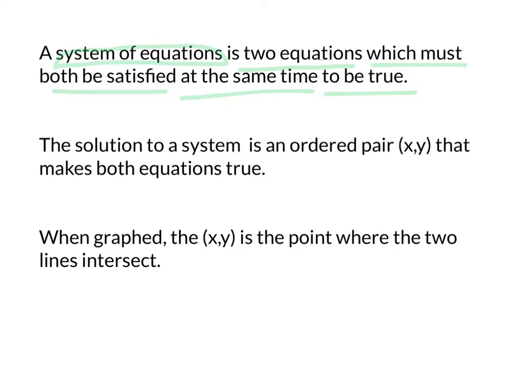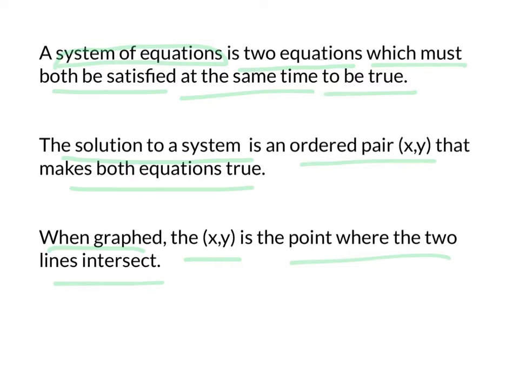When you talk about solving a system, the solution to the system is an ordered pair that makes both equations true. So it's an x and a y that make both equations true at the same time. When you graph a system, that ordered pair is the point where the two lines intersect each other. So when we're talking about a system, we're talking about two y equals mx plus b equations.